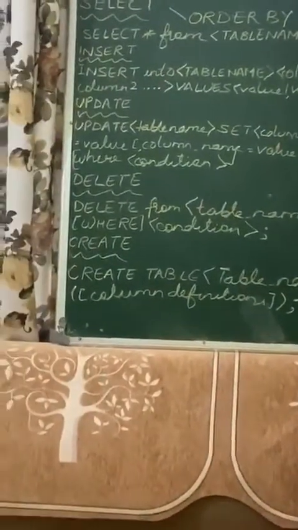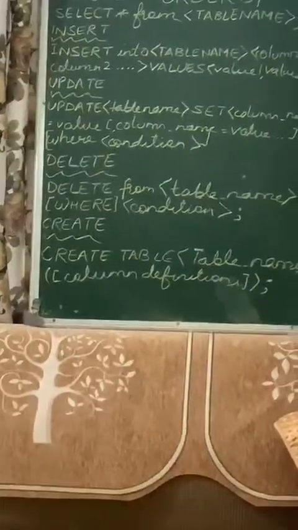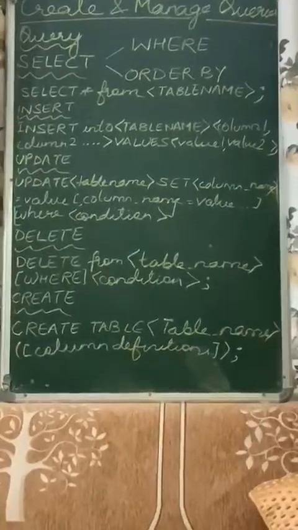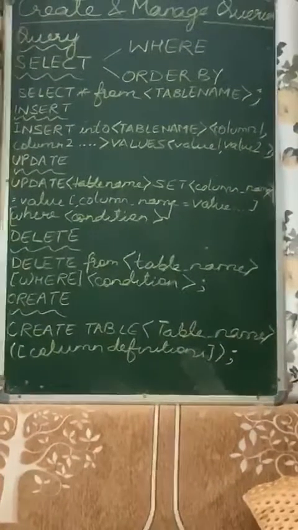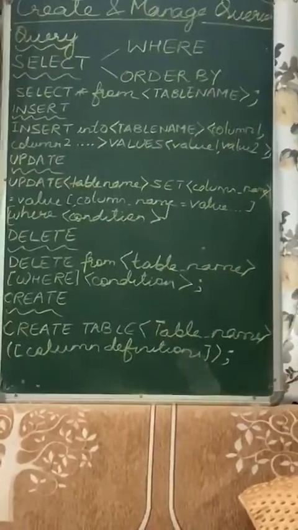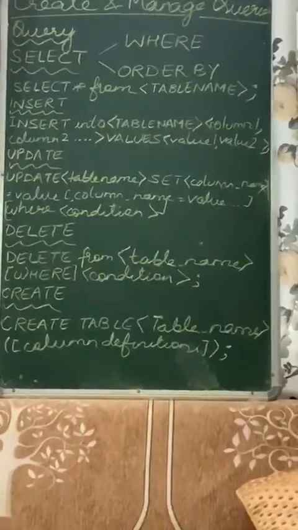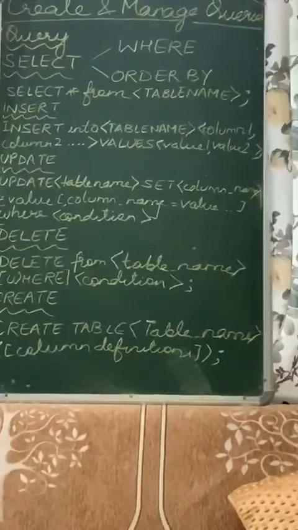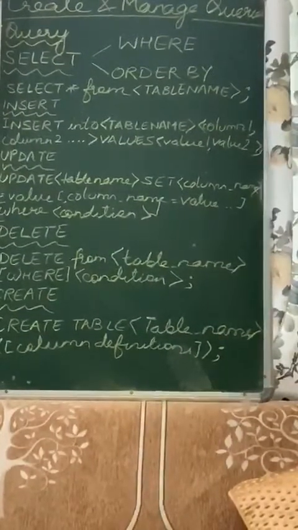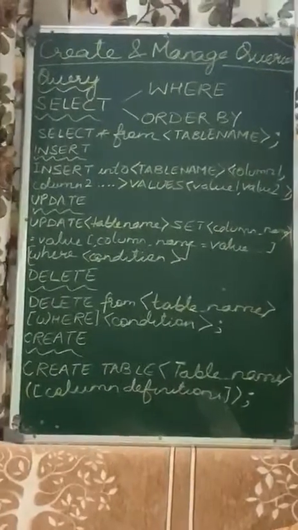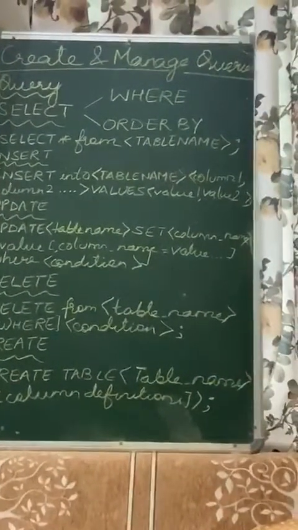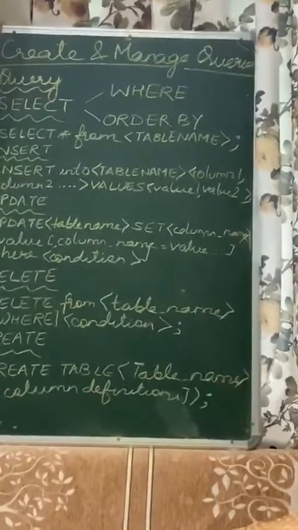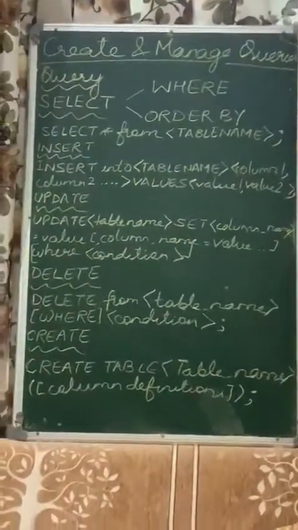For example, if you would like to create a table using the create statement and the table's name is employee, you write create table employee, then a bracket, ID integer, comma, name varchar, in the bracket you mention the range 50, comma, department varchar, in the bracket you again mention the range, comma, address, then again varchar, then you write the range in the bracket, comma, contact number integer, then you close the bracket and you put a semicolon.